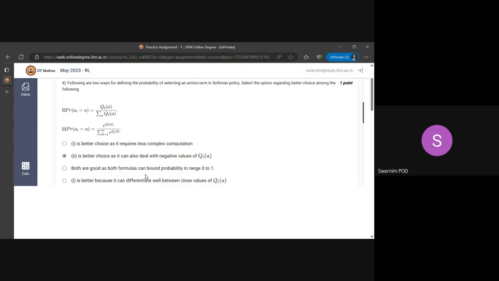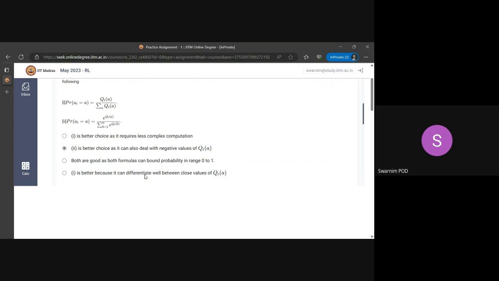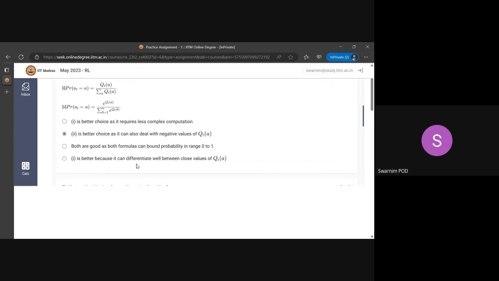Both of those formulas can be used? No, the third one is also incorrect. It can differentiate well between close values of Q(a)? No, actually, the fourth one is also incorrect. If it were the other way around, for example, if option number 2 said it can differentiate well between close values of Q(a), that would have been correct.